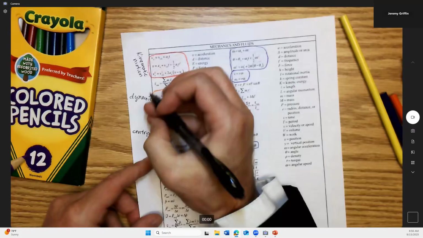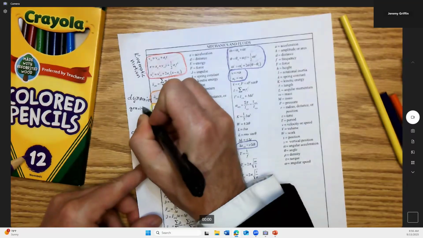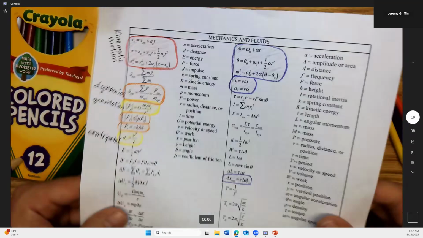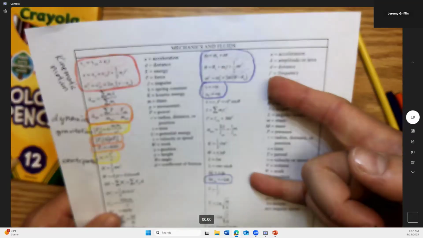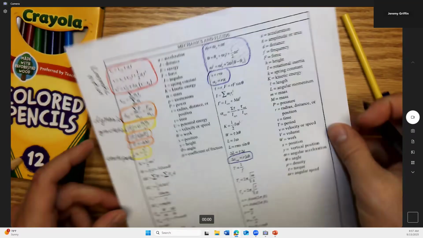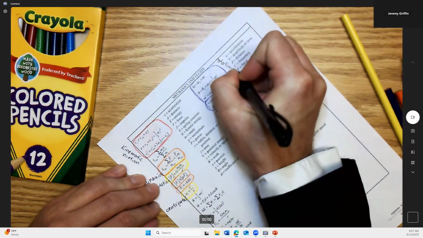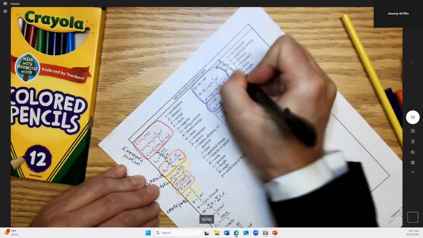This yellow one is gravitation. And all these purple ones are like turntable physics, so I'll call that rotational kinematic.